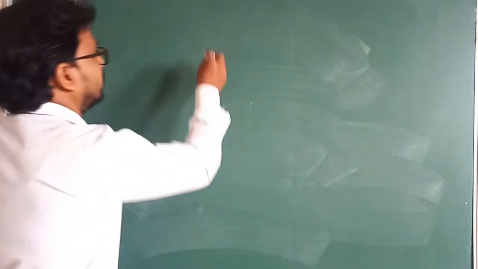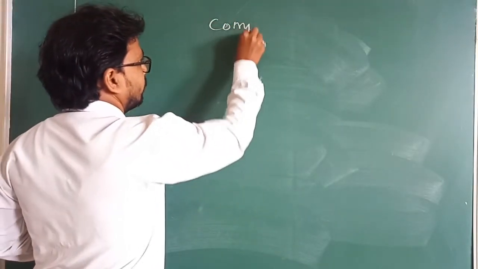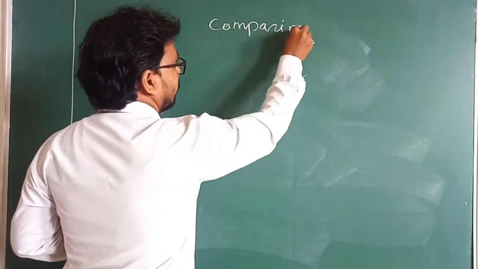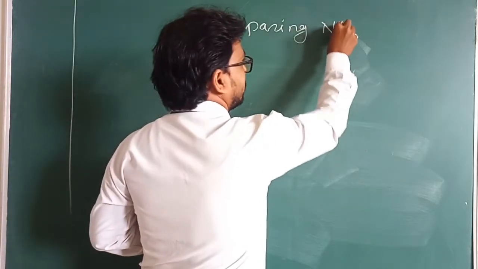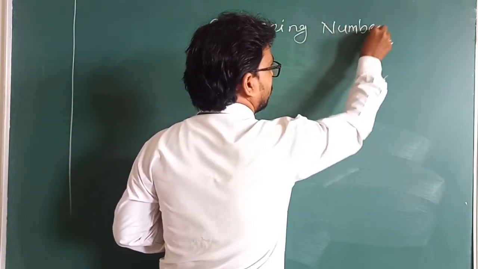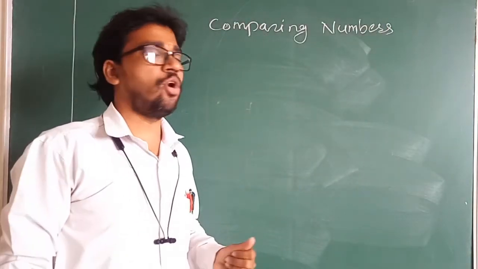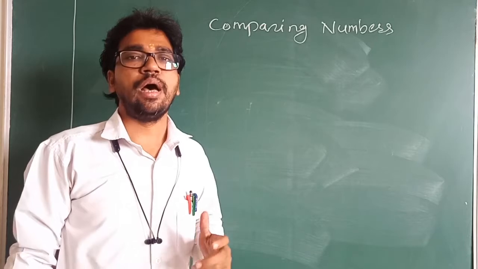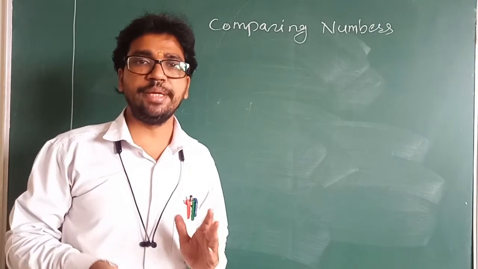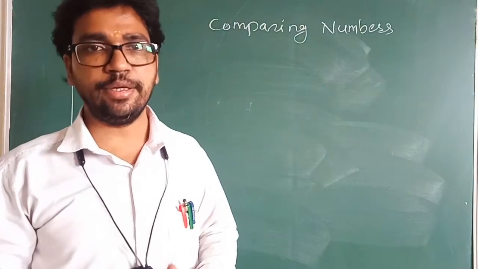Next topic is comparing numbers. How to compare the numbers? In this topic, we have to learn how to compare numbers. One may be smaller, one may be greater, or they may be equal.